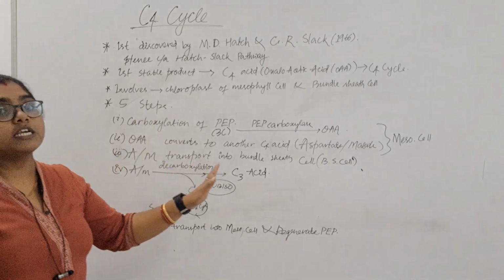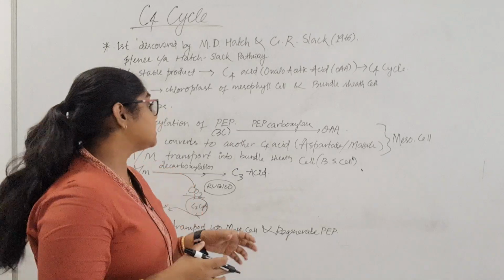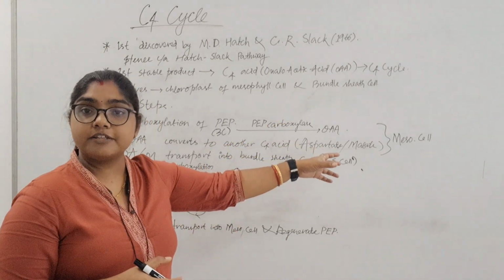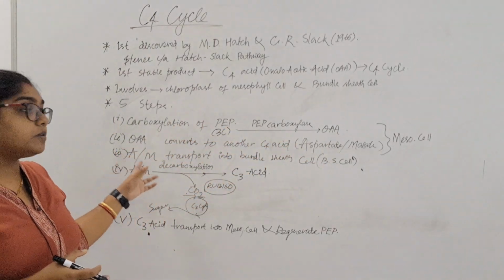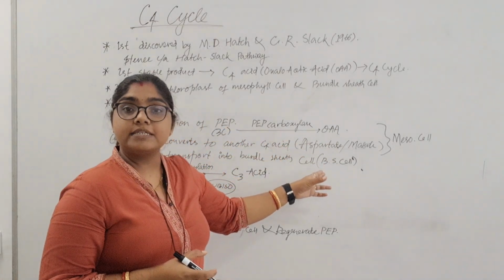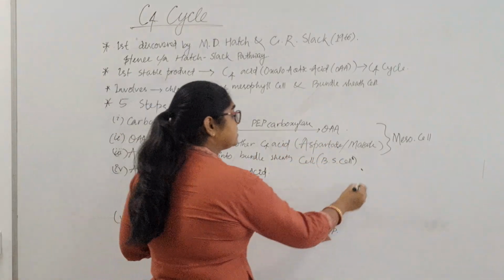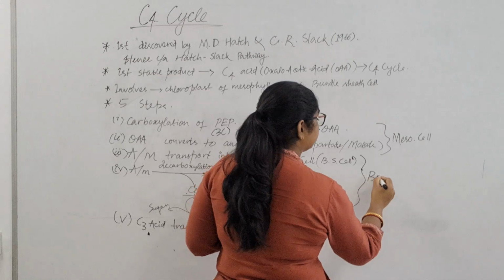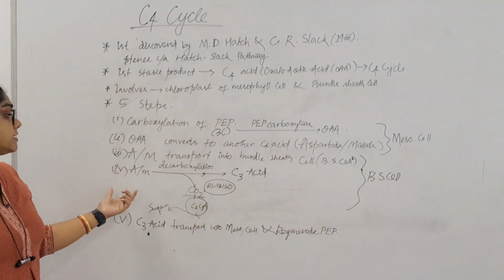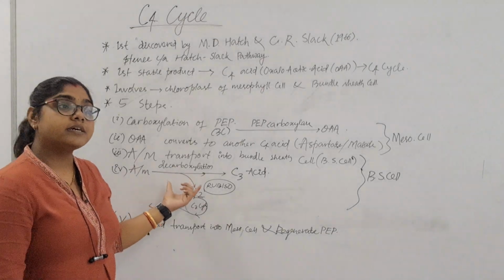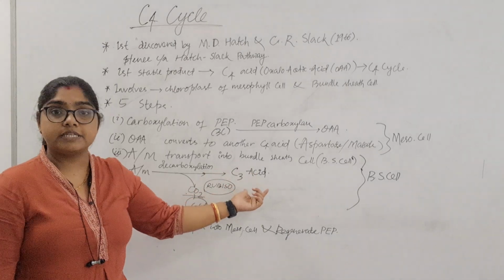So first, carboxylation of phosphoenol pyruvate takes place, and in the carboxylation process it produces oxaloacetic acid, the first stable product. Oxaloacetic acid, in the second step, produces aspartate malate, and then the aspartate malate will enter into the bundle sheath cell. In the bundle sheath cell, in the fourth step, this aspartate malate undergoes decarboxylation, releases carbon dioxide, and produces C3 acid.